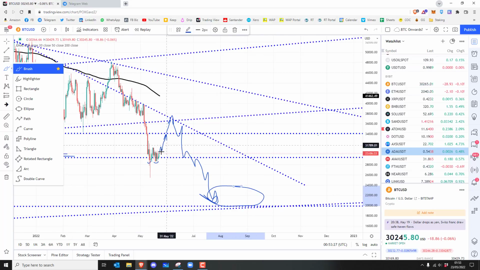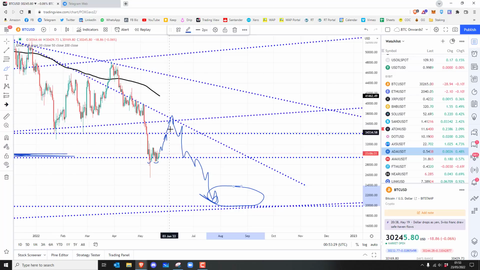The other alternative is that after this move up, we have another move to this level here before getting squeezed in for a move to the downside.